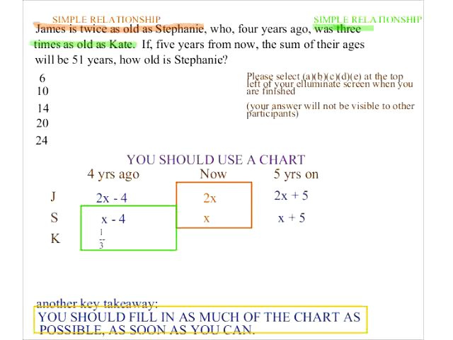1/3 X minus 4/3. So not the world's friendliest quantity. But then what you've got to do is add the 4 years. So this is 1/3 X, and if you add 4 to -4/3, you get +8/3. And then you need to add 5 more years here.